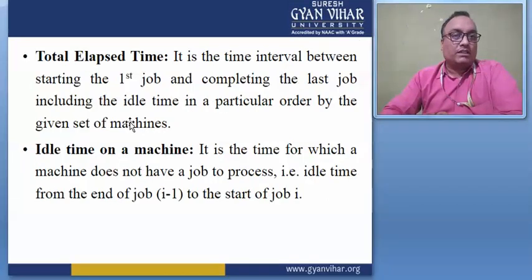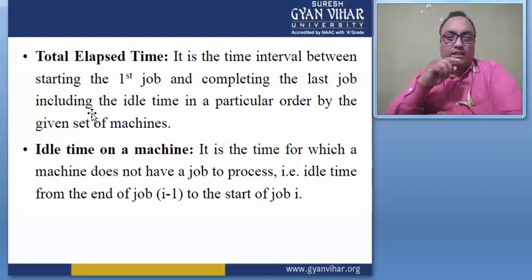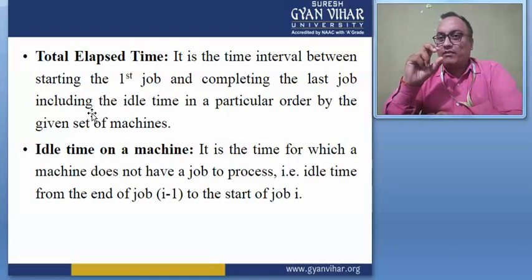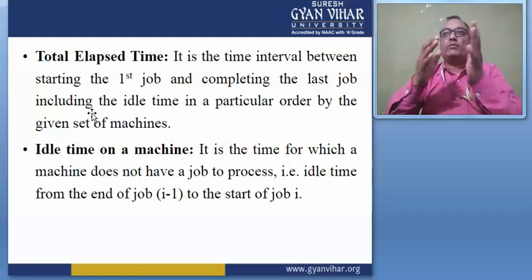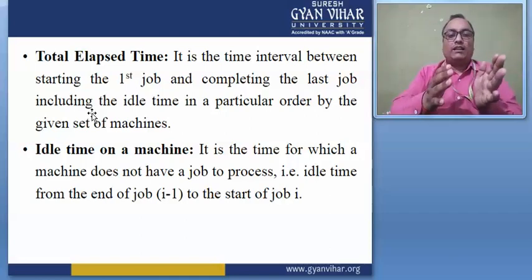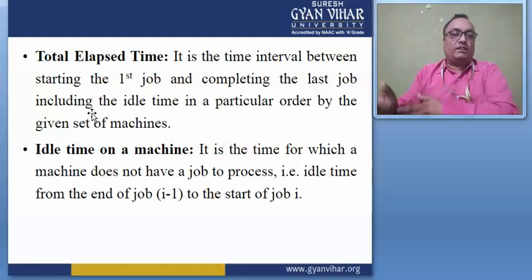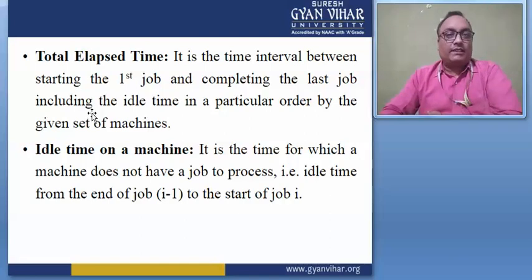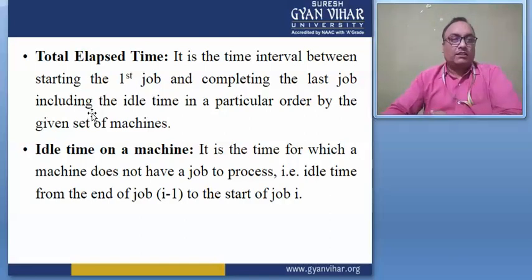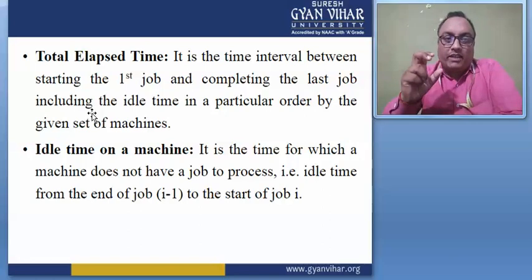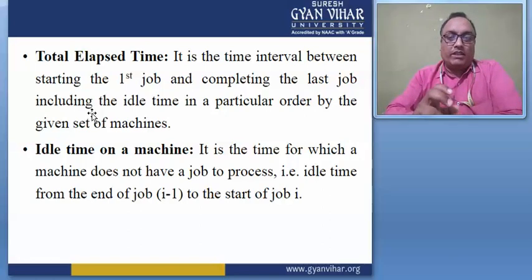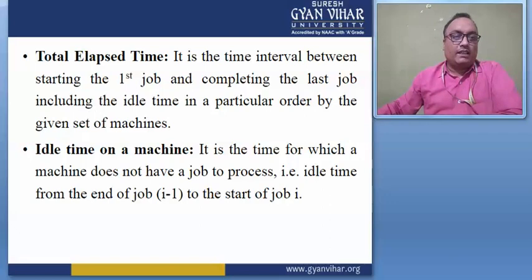Then next is total elapsed time, and the total elapsed time is the time interval between the first machine's job being completed and the second starting the job. It gives one definite time interval between the first job completed and the second job started, right?